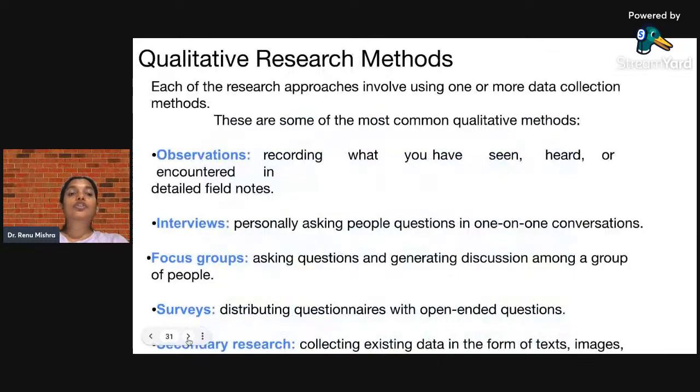Now, when you talk about qualitative research further, you can go for data collection qualitatively, firstly by observations, whatever you have seen, whatever you have heard.